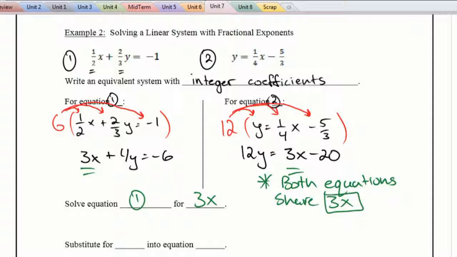So I'm going to take this 3x plus 4y is negative 6. I'm going to subtract 4y from both sides, and I'm going to end up with 3x is equal to negative 4y minus 6.